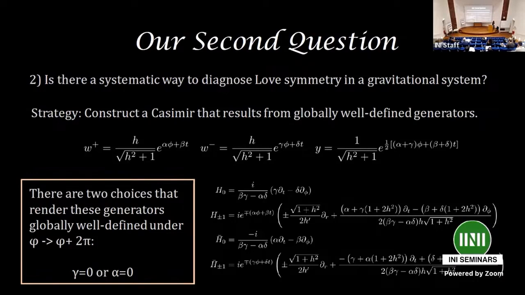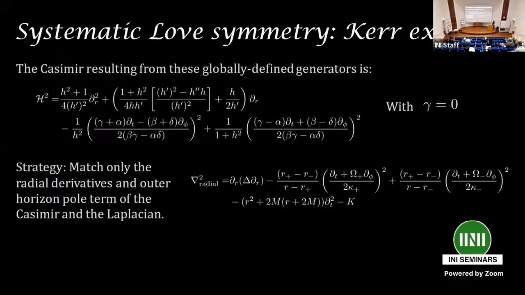And you get these generators. So you have two choices to render these globally well defined. You can either set alpha to 0 or gamma to 0. It doesn't matter which one you choose. The only thing it selects is which ones play the role of the barred or the unbarred SL2R generators.